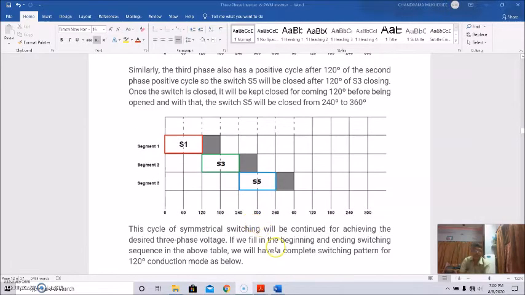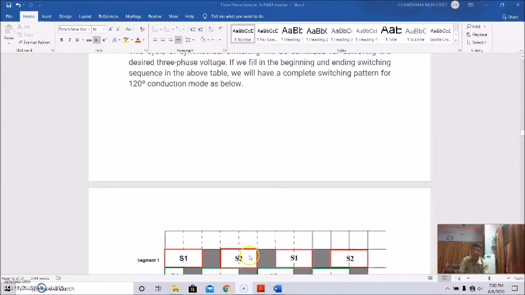This cycle of symmetrical switching will be continued to achieve the desired three-phase voltage. If we fill in the beginning and ending switching sequence in the above table, we will have a complete switching pattern for the 120-degree conduction mode, as given below.